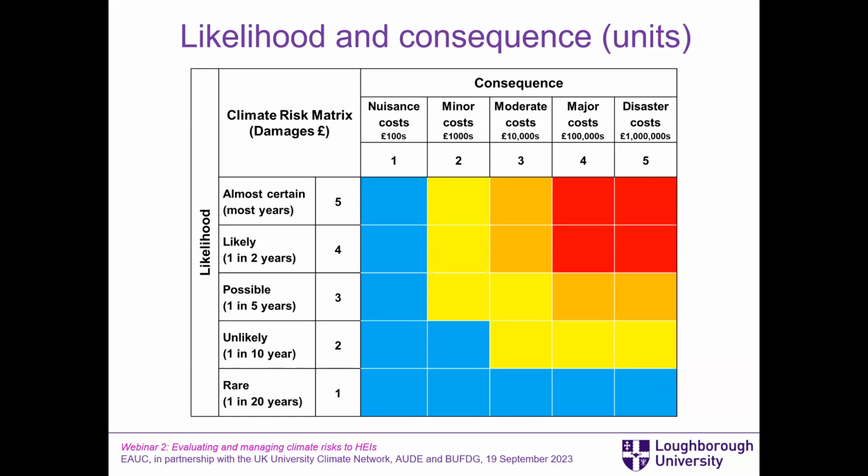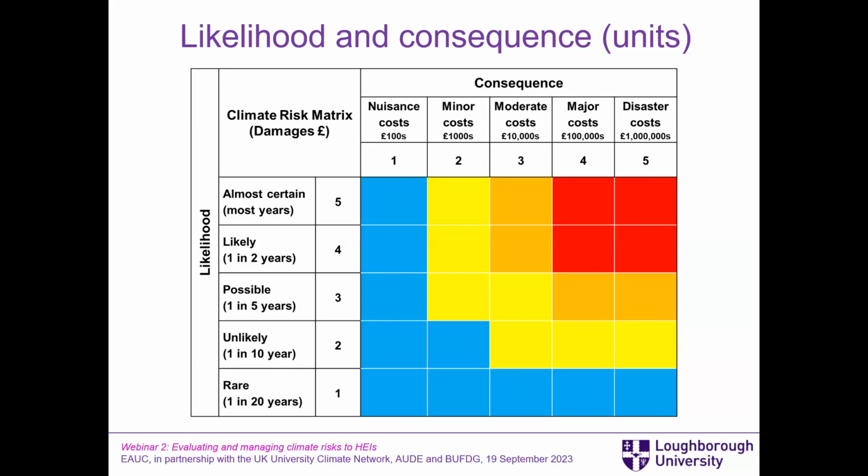So I might like to say I regard a rare event as a climate hazard that occurs only once every 20 years. So that would be quite a potentially severe event if it happened. Through to 5, something that happens almost every year. Perhaps heat waves are almost becoming an annual event.